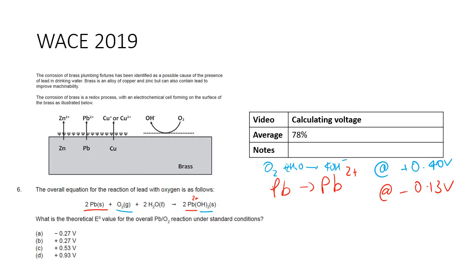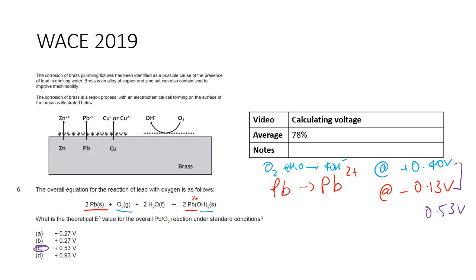So you've got to make sure that you look for the right one because the oxygen is shown in a number of different places, and don't just go for the first oxygen that you see. You make sure you find the one with the right reactants and the right products. Okay, so that one's there, so therefore you can work out that the difference between these two values is 0.53, and there you go, 0.53 volts.